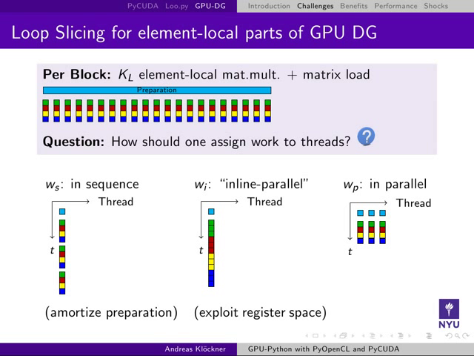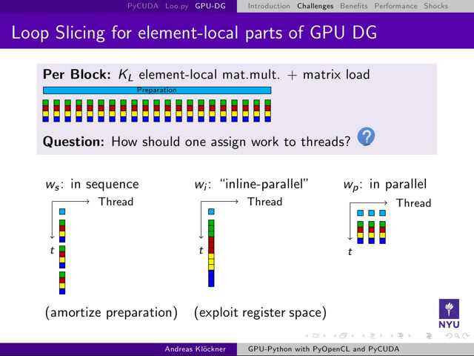The in-sequence part helps you amortize any fetch costs. Suppose you were to load parts of the matrix onto the chip in the beginning; then doing more things in sequence helps you amortize that initial fetch cost.